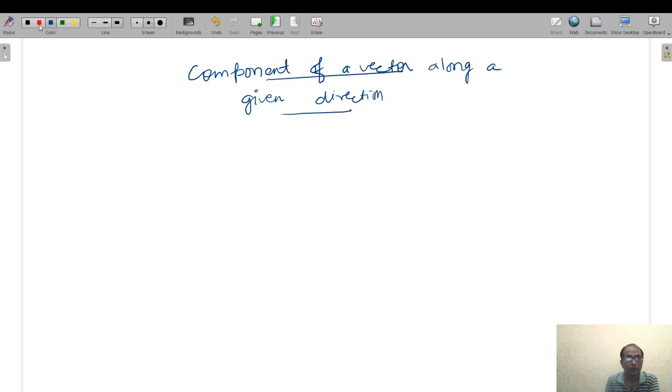So suppose you are given a vector like this, say this is r vector, and you are given a direction like this, so this direction is defined by say this unit vector. So if you have to find the component of this r vector along this direction, यदि आपको r vector का एक component इसके along पता करना है, तो first you have to see how much angle it makes, let it make angle theta here, okay.